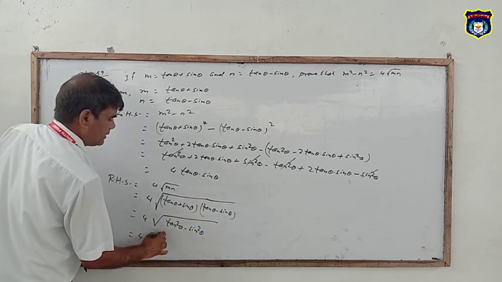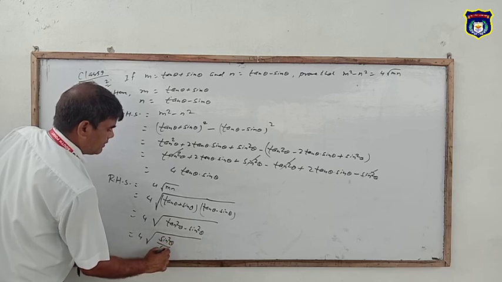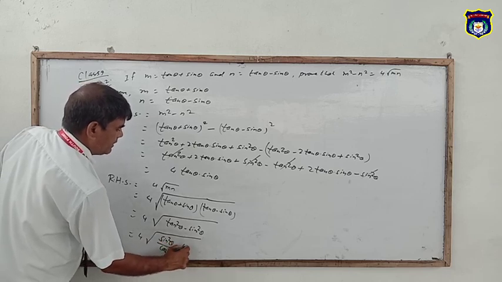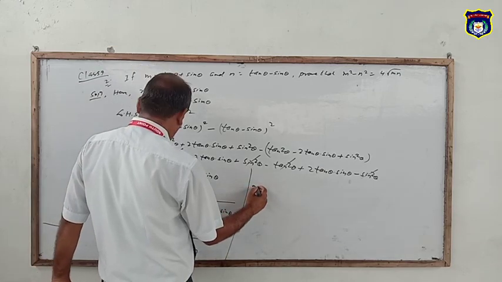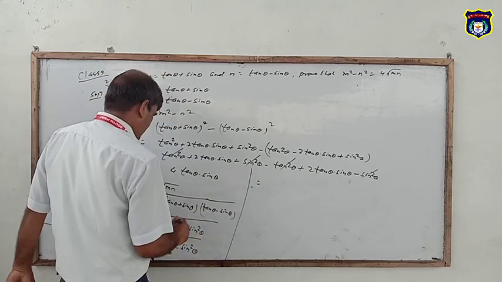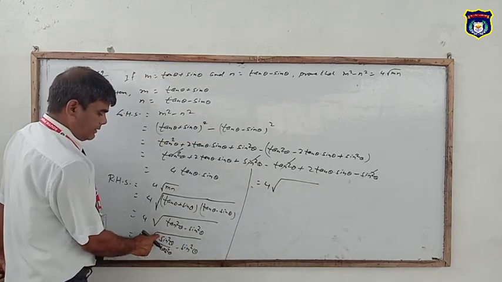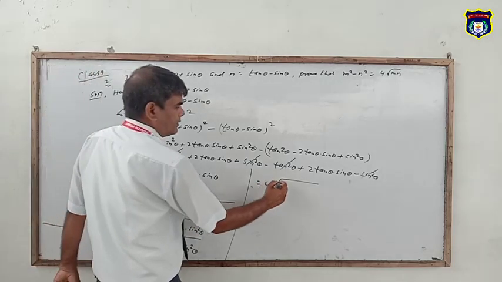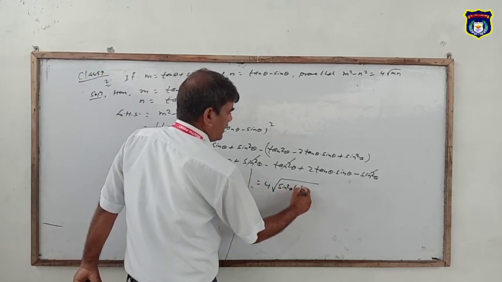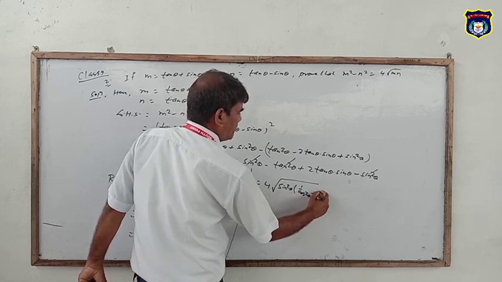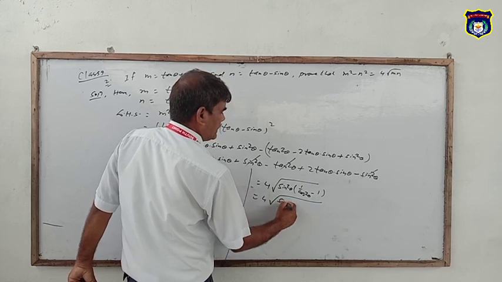So this is tan square theta is sin square theta by cos square theta minus sin square theta, or for this 4 root sin square theta. Sin square theta is common. Remaining is 1 by cos square theta minus 1. So this is sin square theta.